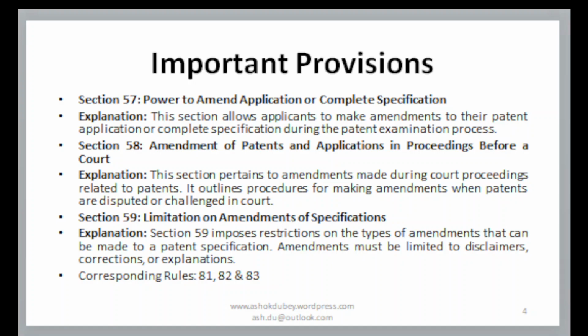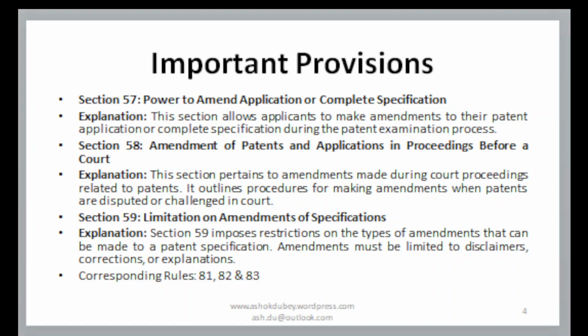There is Section 58, which is significant from the point of view of amendment. Section 58 talks about amendment of patent and applications in proceedings before the court. To understand the differences, Section 57 talks about the patent amendment in front of the controller, that is the IPO, and Section 58 in front of the court.